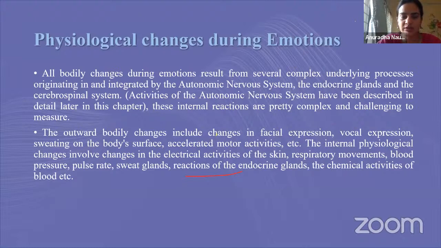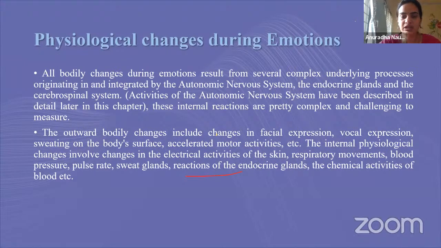So the body can experience the emotion both inside and outside as well. The outward expression would be the facial expression, changes in voice tone, sweating, fingers tingling, or the nervous tapping of the foot. That can be an outward expression of emotion.